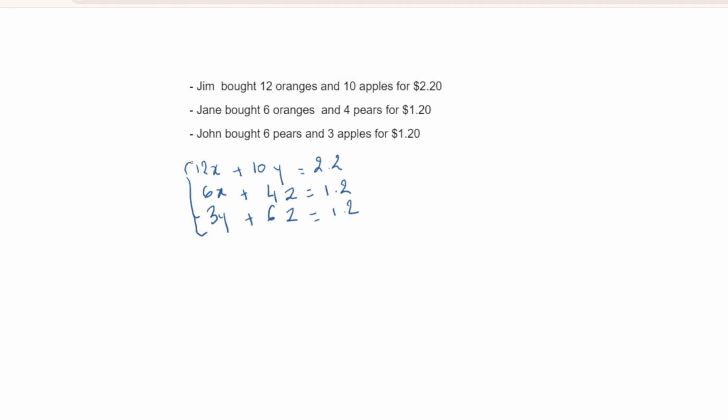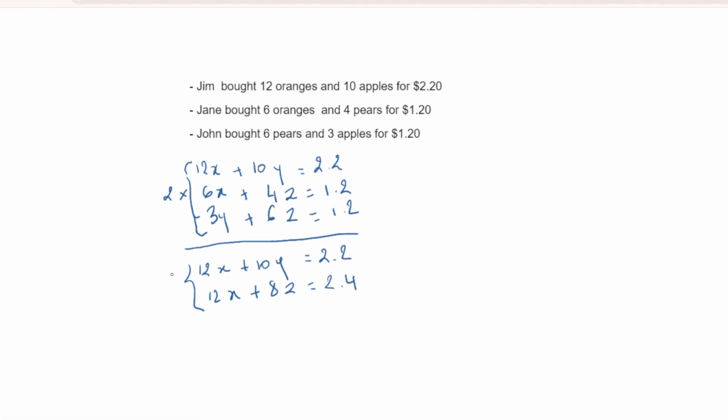Now we have to take out the x from the equations. So let's multiply the second equation by 2. We have 12x plus 10y equal to 2.20, and the second one will be 2 times 6, 12x, plus 2 times 4, 8z, equal to 2 times 1.20, which is 2.4.